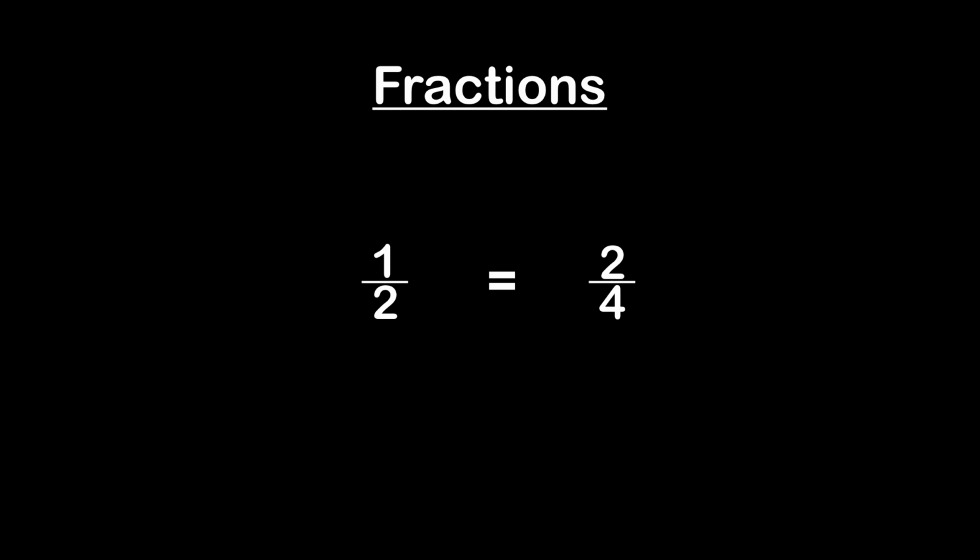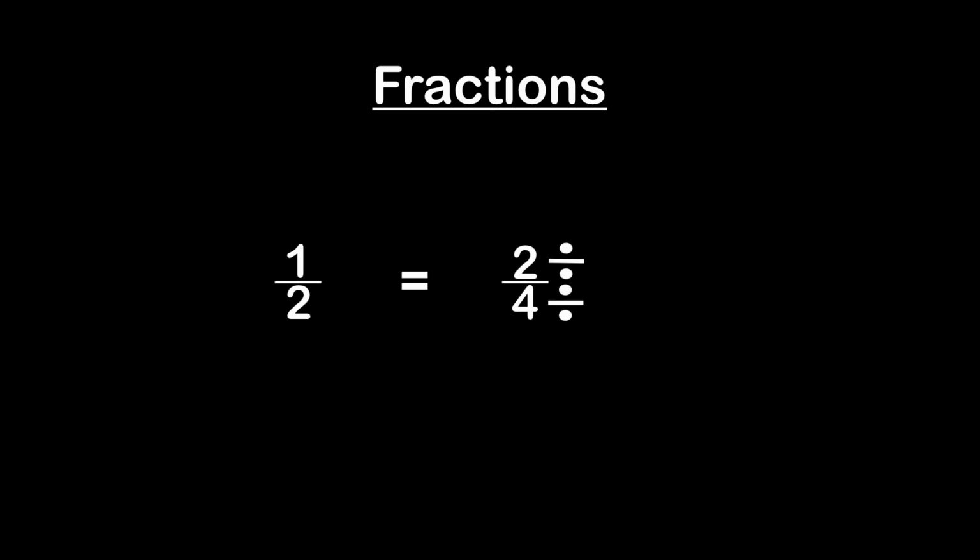And the way we do that is by dividing, which we covered in great detail in the last section. So let's say we want to divide 2/4 by 2 at the top and 2 at the bottom as well. So 2 divided by 2 is 1, since anything divided by itself is 1. And 4 divided by 2 is 2.